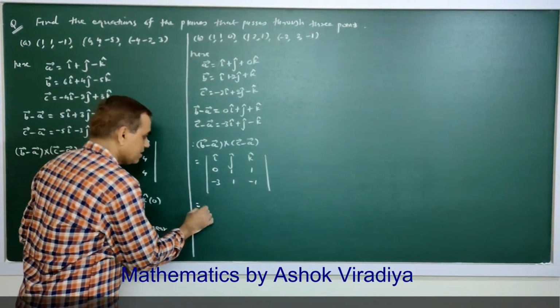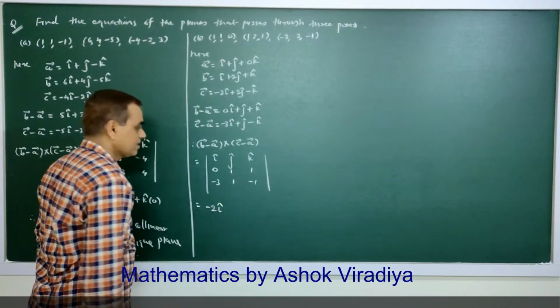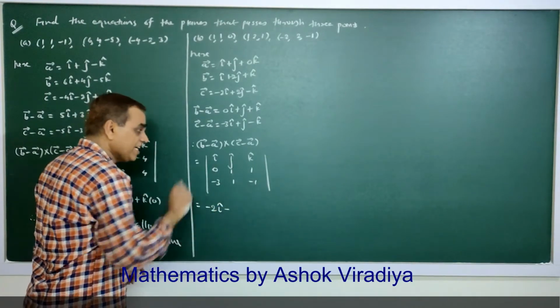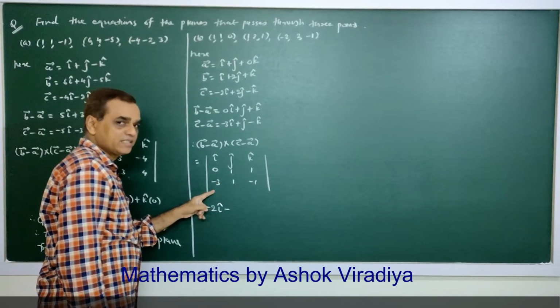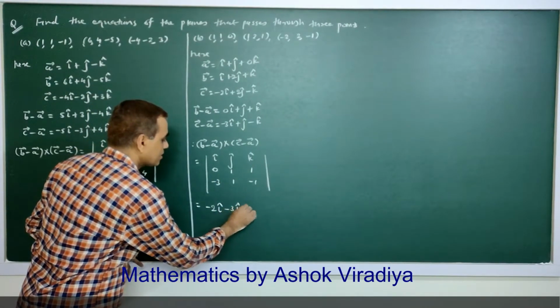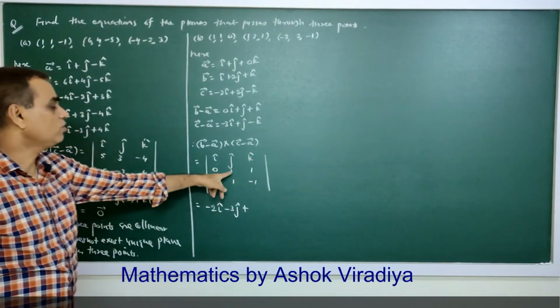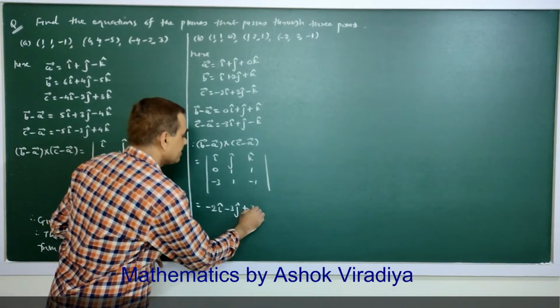So that is, it will be minus 1, minus 1, minus 2i, minus j into 0 minus minus 3, that is plus 3, so 3j, plus k into 0 minus minus 3, that is plus 3, so 3k.